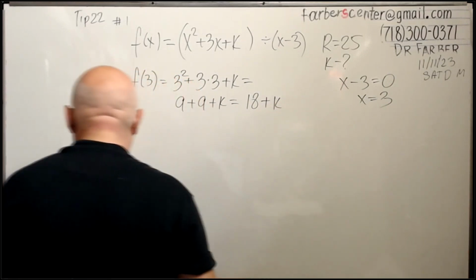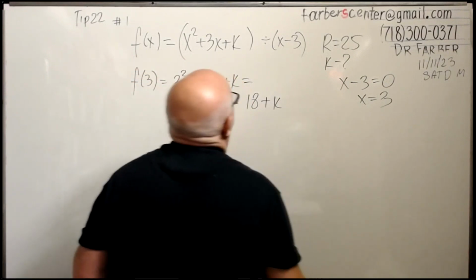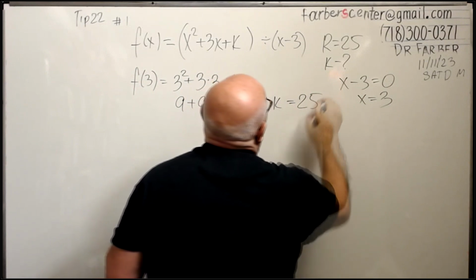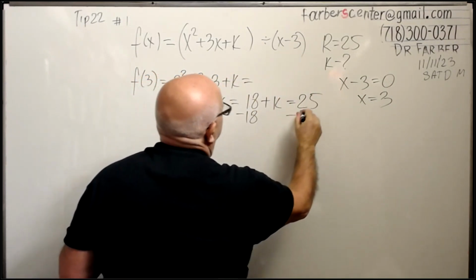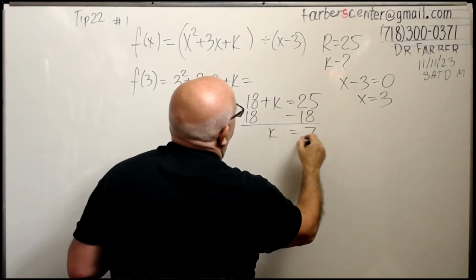In remainder theorem, this is my remainder, and this equals 25. How to find k? Easy. I subtract 18 from both sides, and k equals 7. Check.